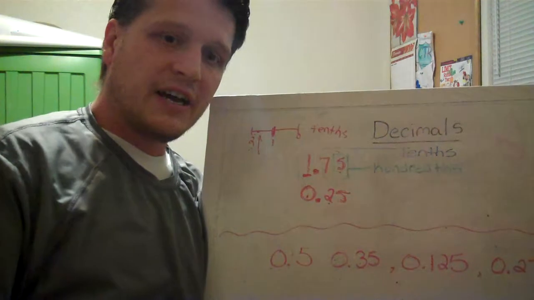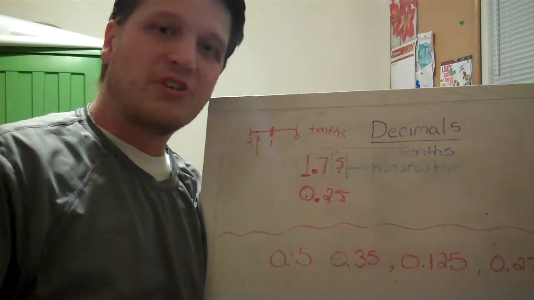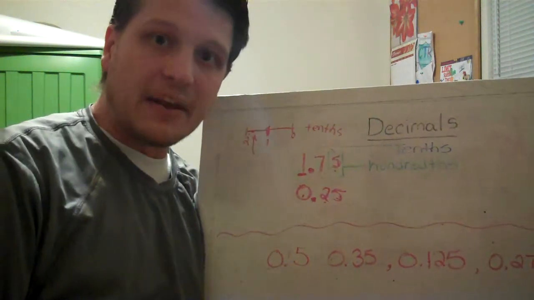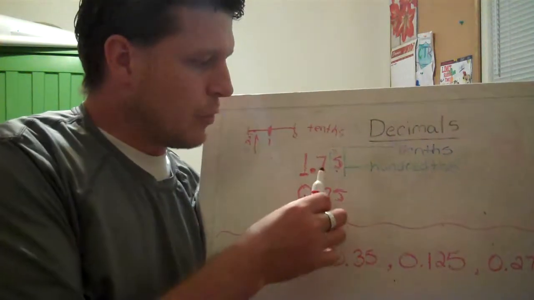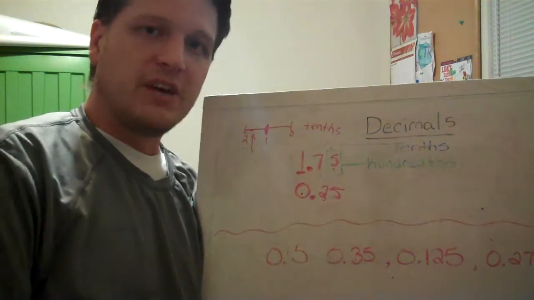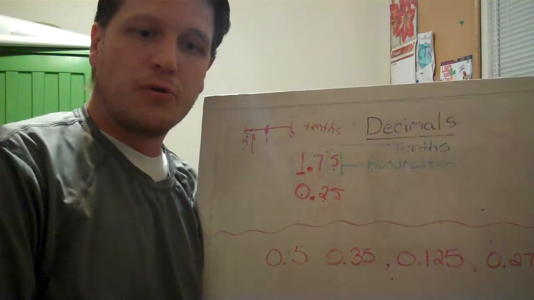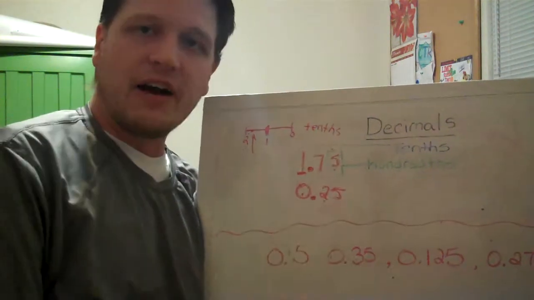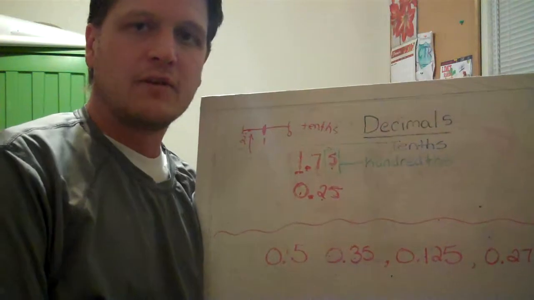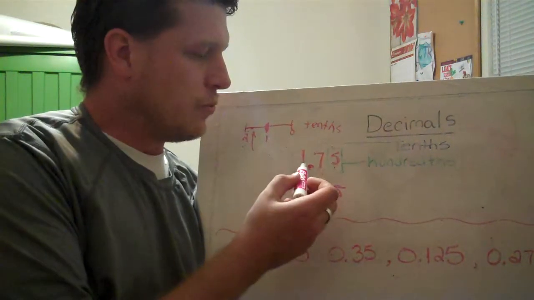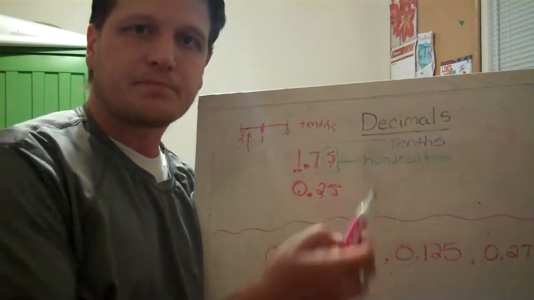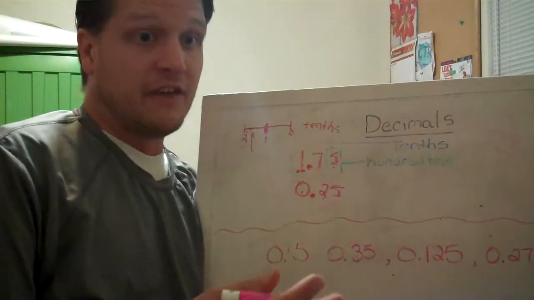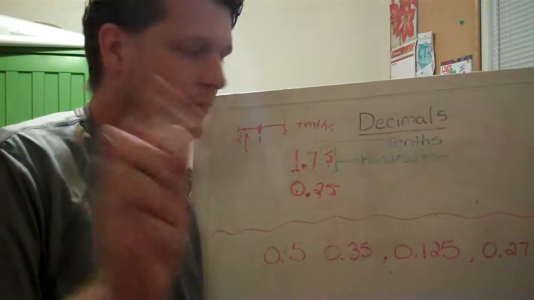And decimal comes after the word deci, which means 10. So when we look at the numbers, we usually go in powers of 10. 1.75 means 1 3/4 if you turn it into a fraction.